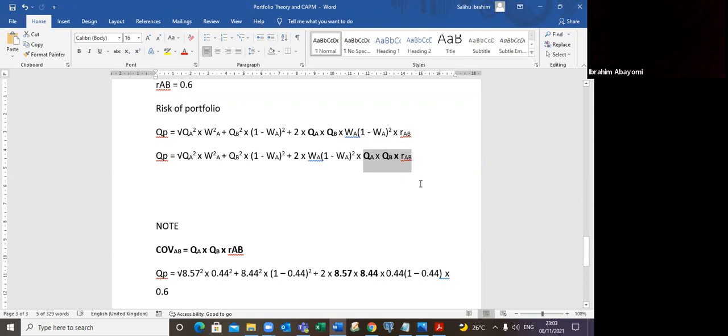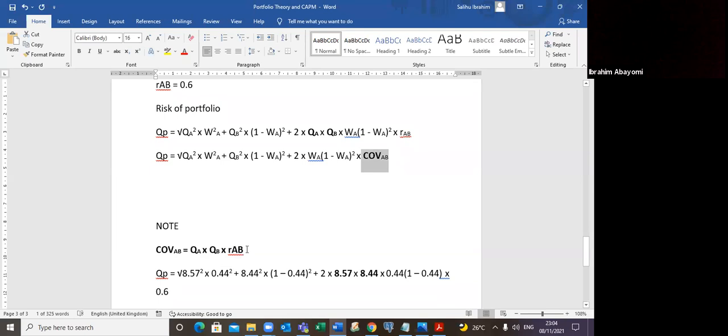Covariance. So I can just remove this one and just put covariance AB, because I know that covariance AB is set as this. So this is just a kind of shortening the formula.